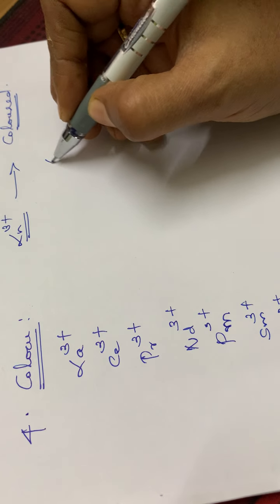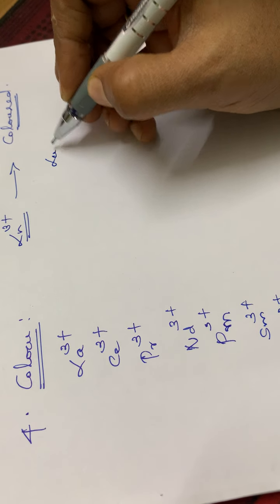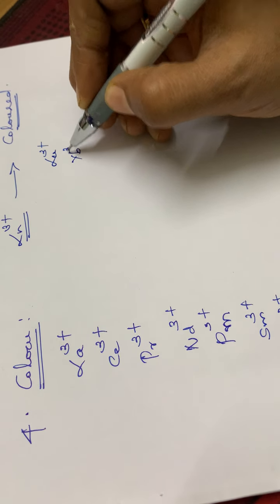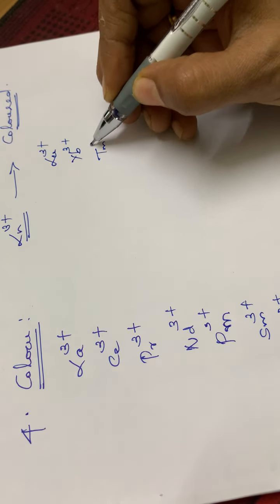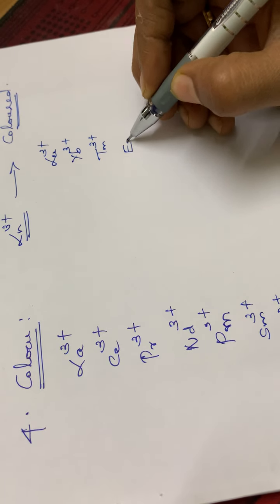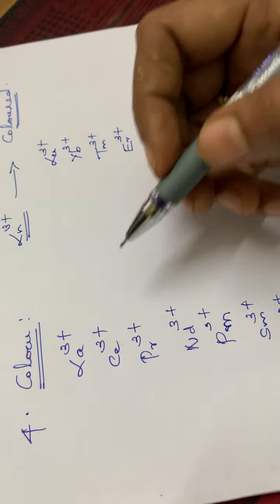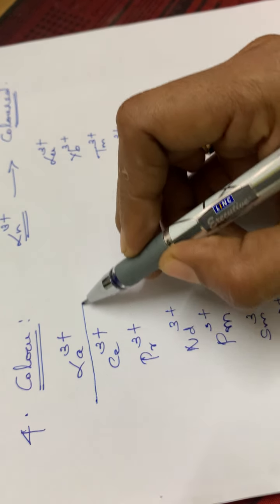Then lutetium. From the back side I am writing lutetium 3+, ytterbium 3+, then thulium 3+, erbium 3+, then holmium 3+. It will be like this.